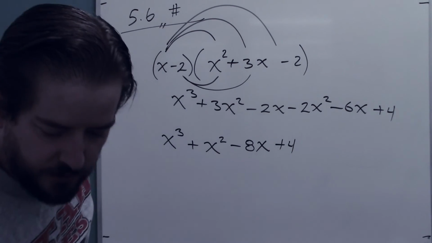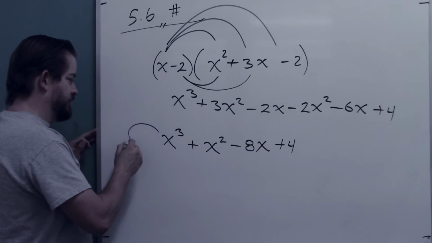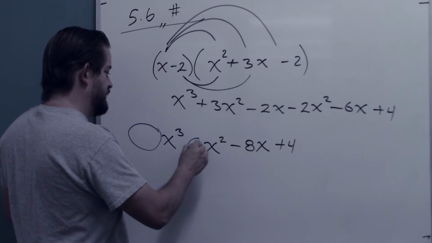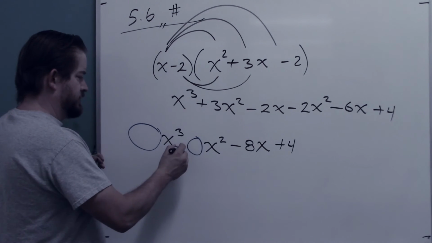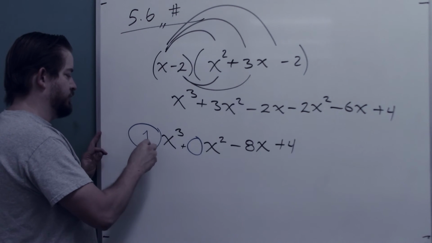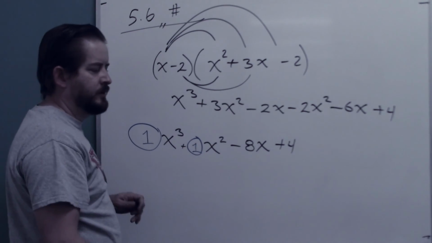When you look down and it says to put your answers here, it's got these little bubbles in front of the x to the 3rd plus, and then a bubble in front of the x squared, right? You're just going to put those values in. It's just x to the 3rd, so you'll input a 1. There's a 1 here, right? Make sure you put the 1s into the bubble.